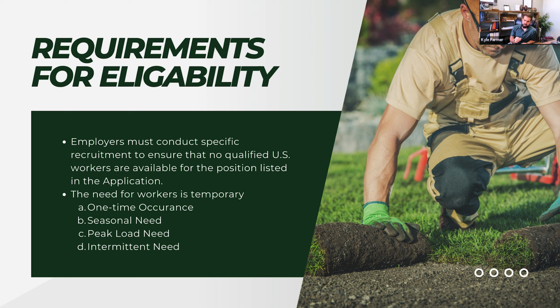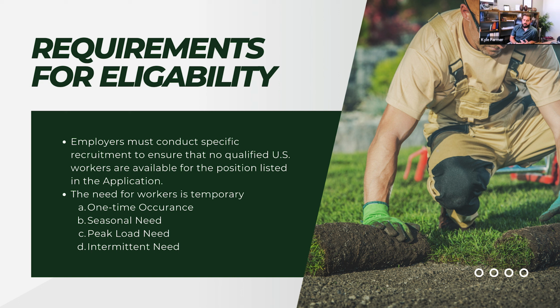So the job order is extremely important. You want to make sure that your job order has the proper wage rate that you actually pay your people. And of course, you can't pay less than the prevailing wage determination to your H-2B workers or to similarly employed U.S. workers.